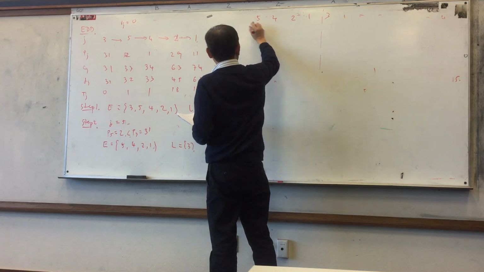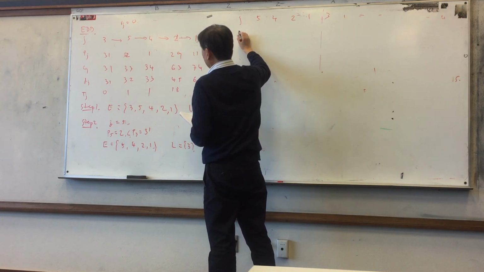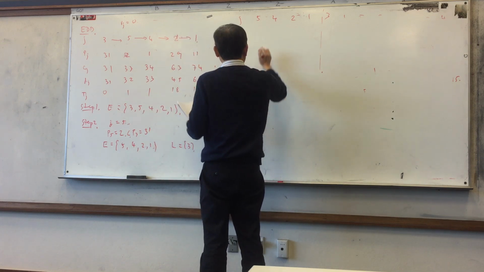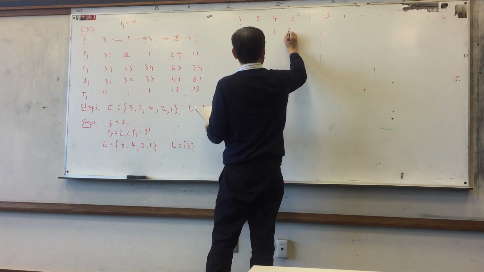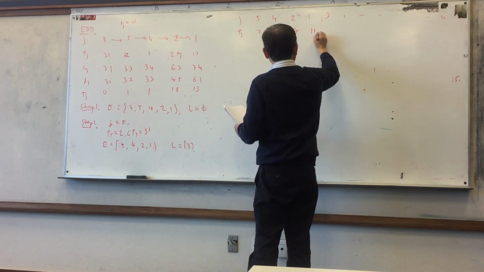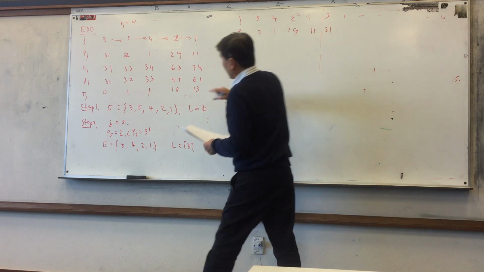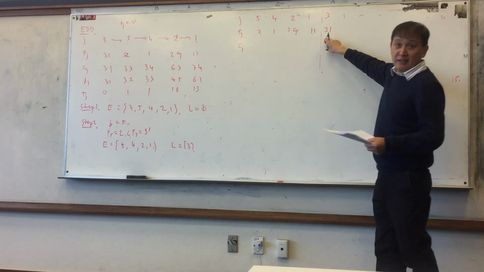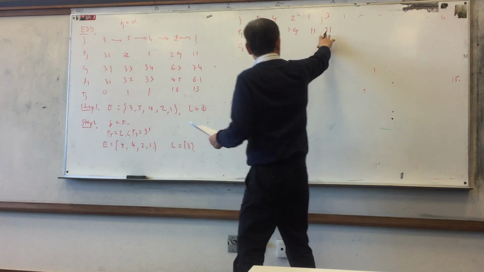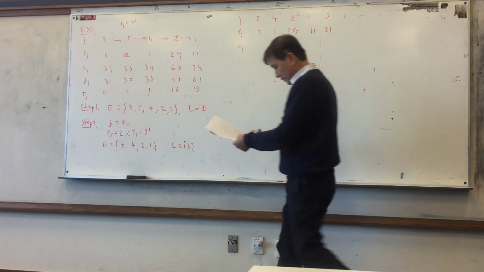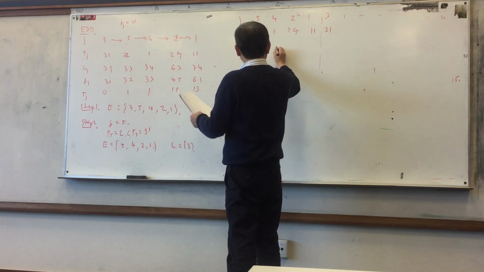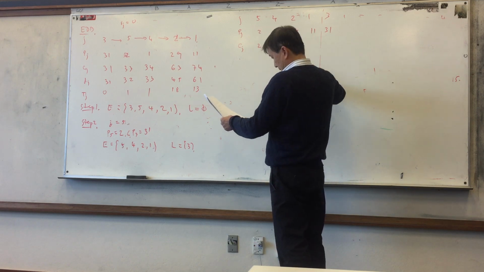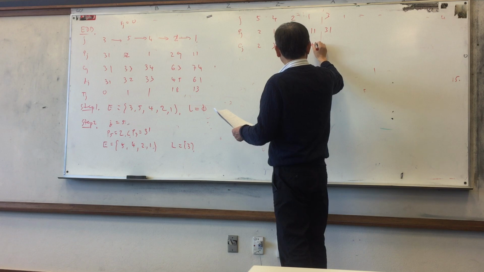This is my J and this is my PJ, so I copy them down: 2, 1, 29, and 11, and 31. Then my completion time CJ is changed, so everything should be reduced by this 31. That gives you 2, then 2 plus 1 is 3, so 32 and 43.